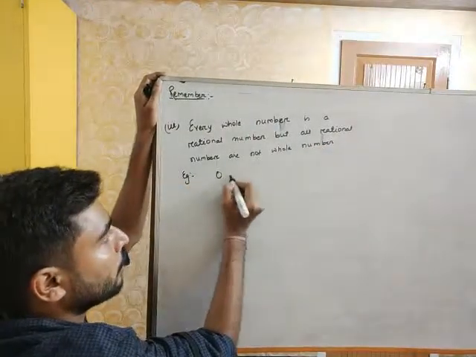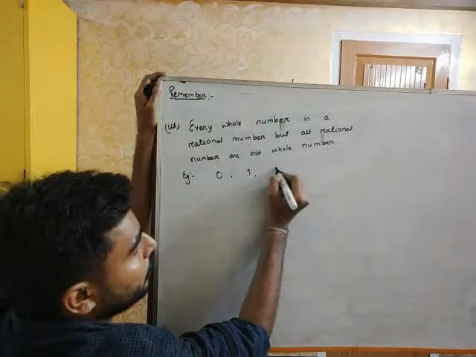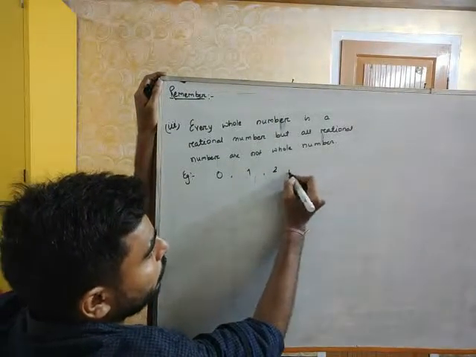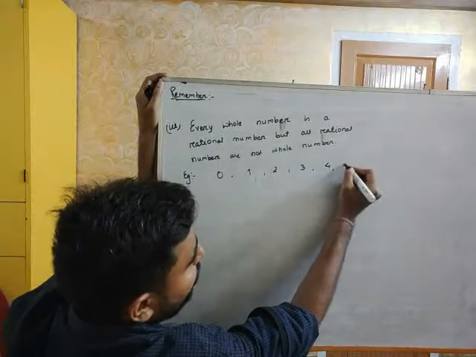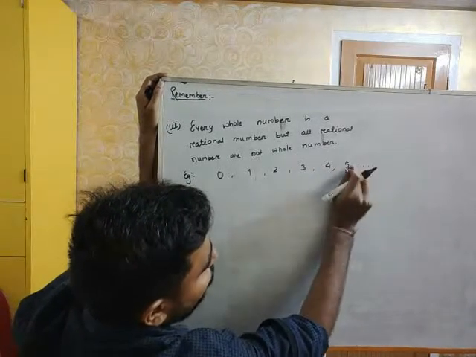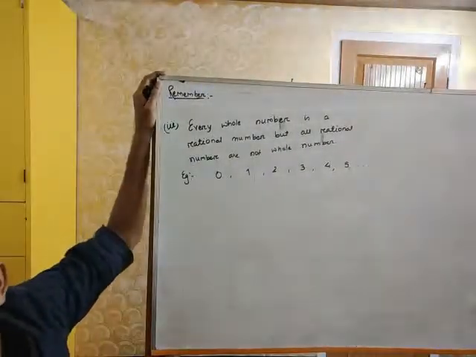Example, whole numbers are 0, 1, 2, 3, 4, 5, and so on. It will keep on going, isn't it?